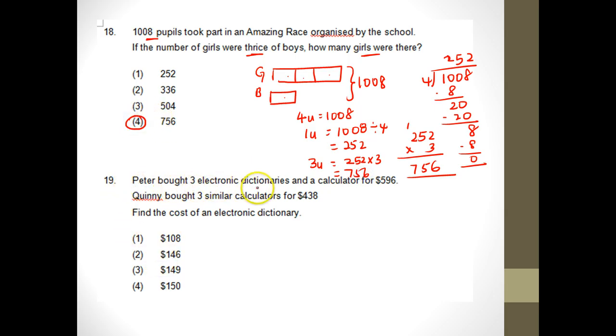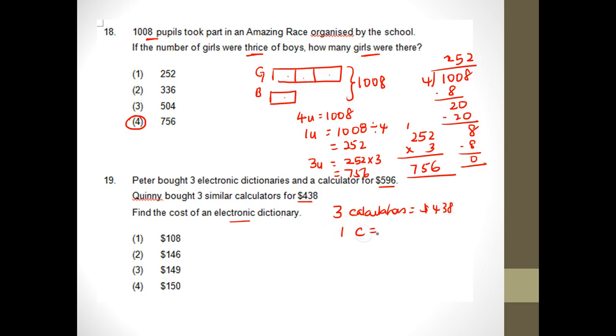Question 19. Peter bought 3 electronic dictionaries and a calculator for $596. Queenie bought 3 calculators for $438. Find the cost of an electronic dictionary. So I know 3 calculators is 438.